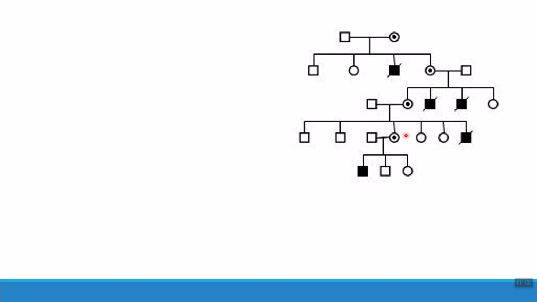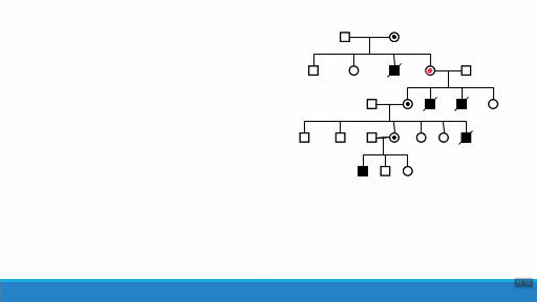So carriers have 2 copies of the allele. They have a good copy and a bad copy. If only women have a bad copy of the allele, it must be on the X chromosome. And as we look at each generation from the original parents to their offspring, notice that the only offspring actually affected by this disorder is a male.